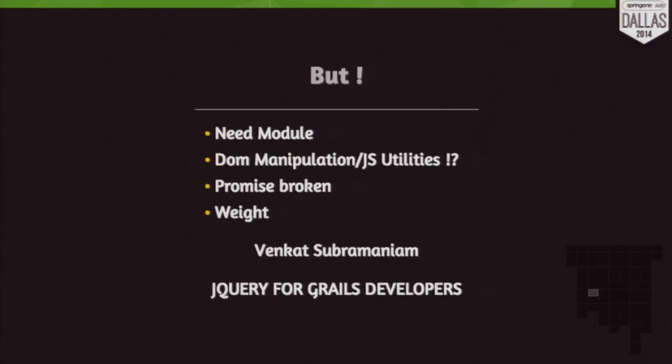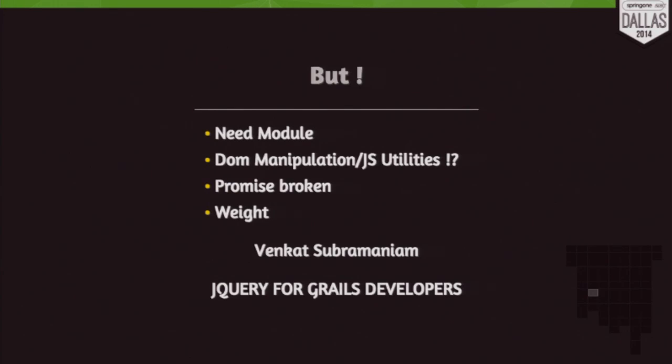So everything is together. There is no modules, no separation of concern. And one typical example is also, for example, there is an implementation of promise in jQuery. It's broken from the start, and they refuse to fix it. So for me, I will not use jQuery all the time.